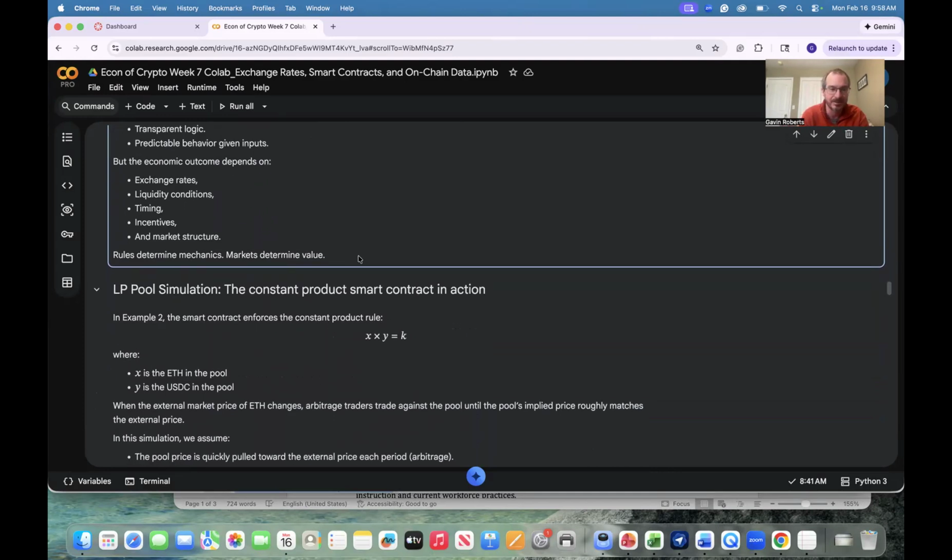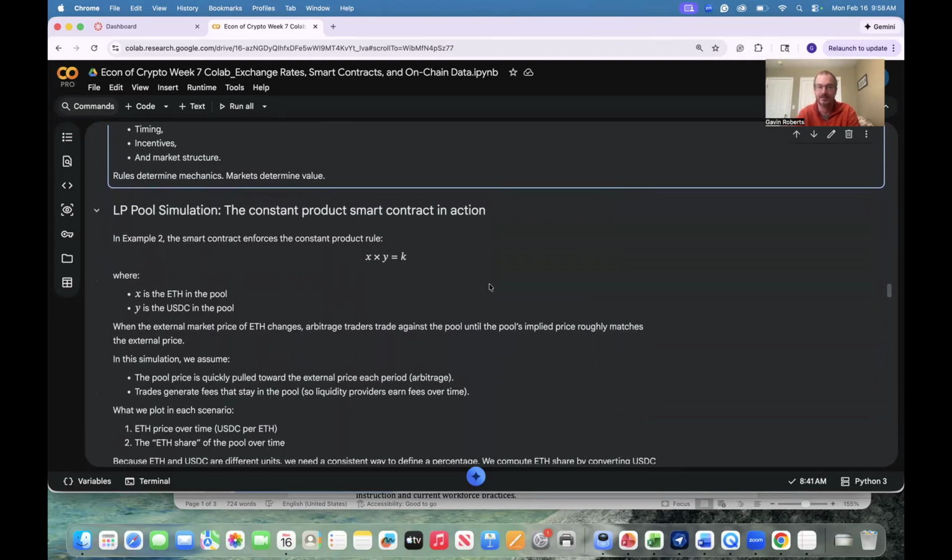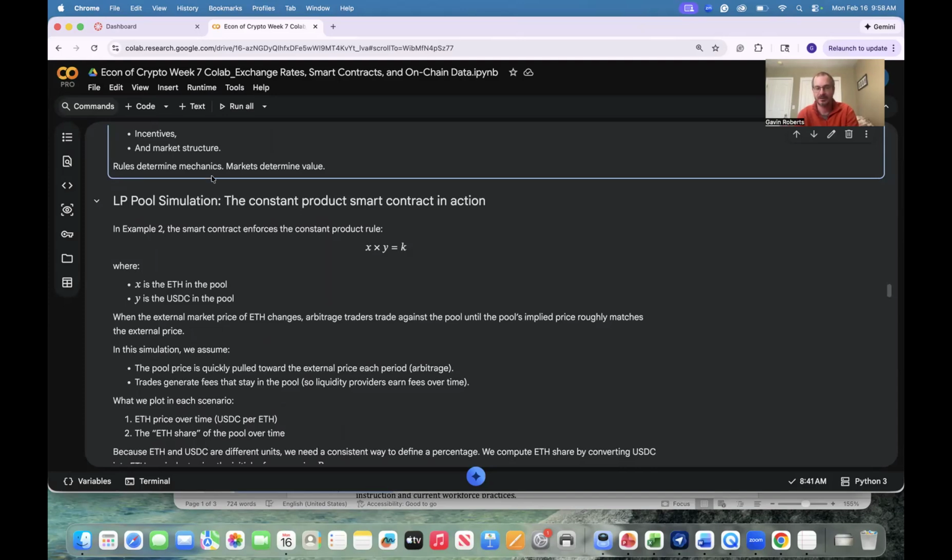But economic outcomes depend on things like exchange rates, liquidity conditions, timing, incentives, and market structure, of course, as they always do. Rules determine mechanics, markets determine value, and there is no human discretion in smart contracts, except maybe when we start thinking about this oracle issue, which opens the door maybe for human discretion in some contexts.